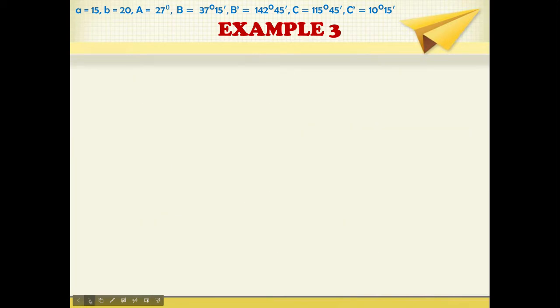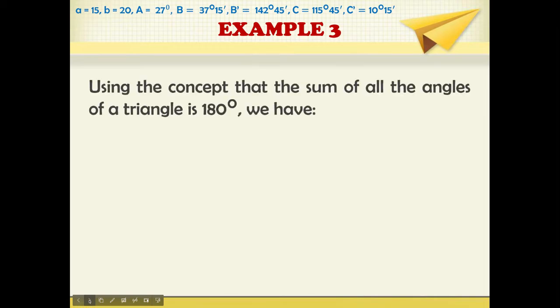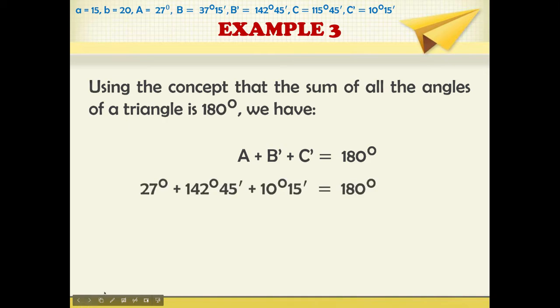Now, let's check also whether the sum of the three angles in the second triangle is 180 degrees. So, the angles of the second triangle are angle A, angle B prime, and angle C prime. So by substitution, we will have this.